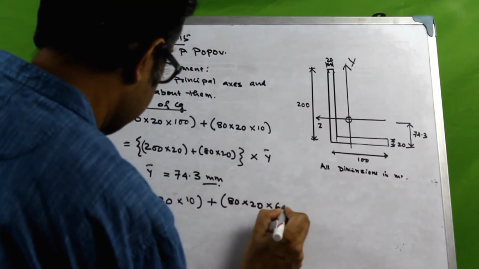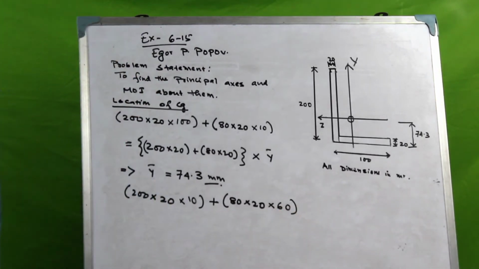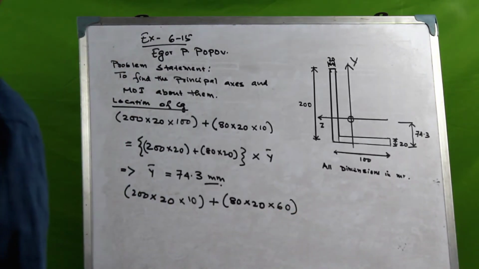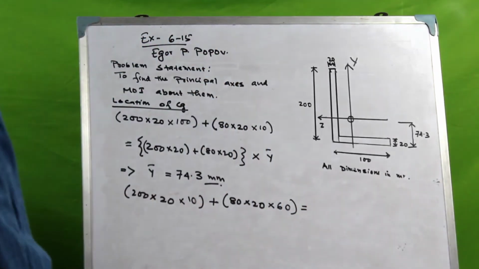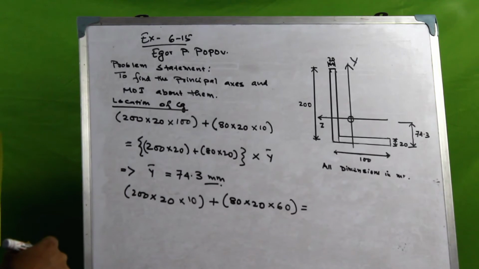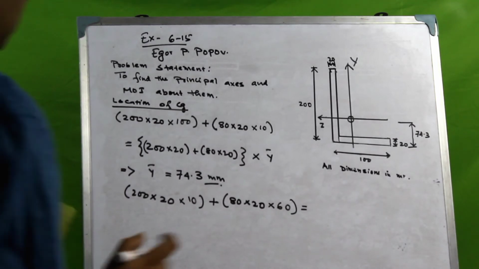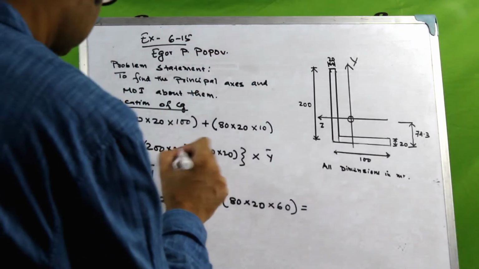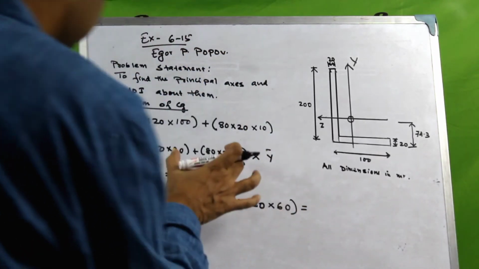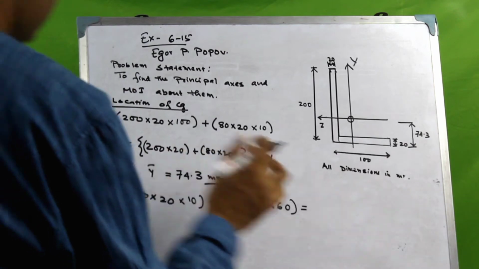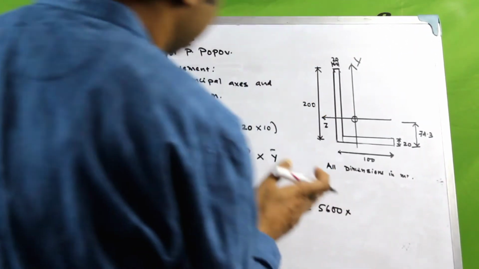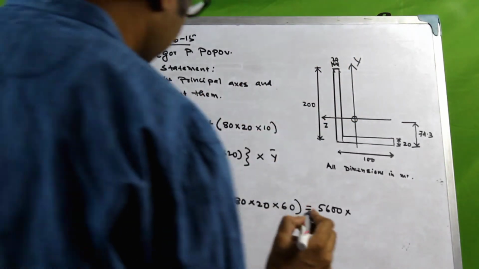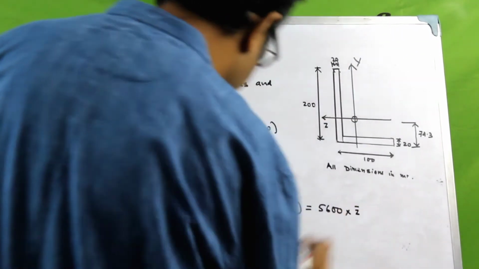Divided by the total area, this would come out to be 5,600 millimeters square, and we are measuring along the z-axis. So let us take that as z bar.